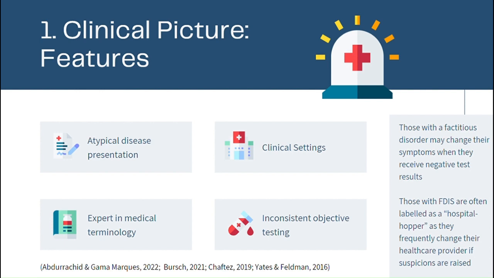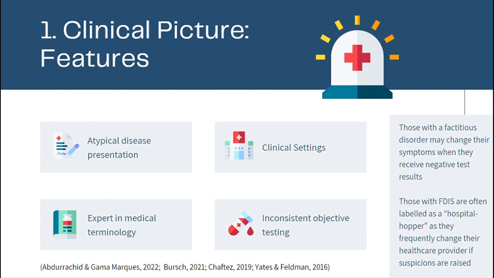The person presenting with factitious disorder is usually an expert in medical terminology and can use this terminology to persuade medical professionals to perform specific procedures or tests. And finally, when clinicians test the sick presenting individual, they typically find that the results of these tests are inconsistent with what the factitious disordered person claims.